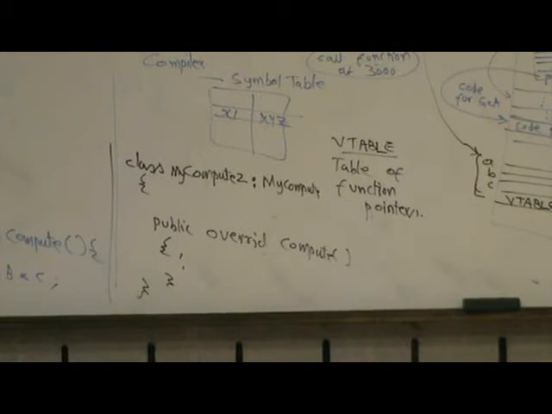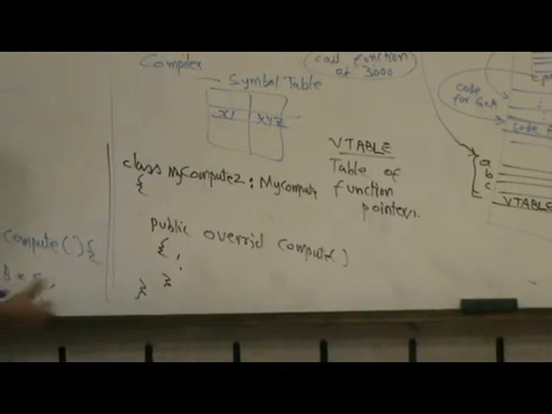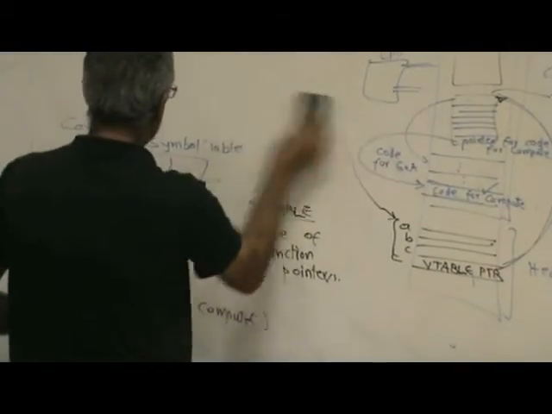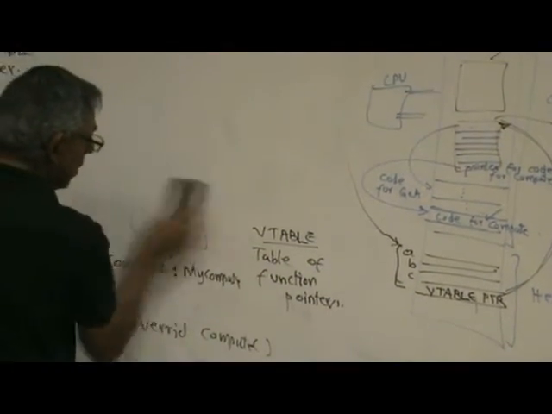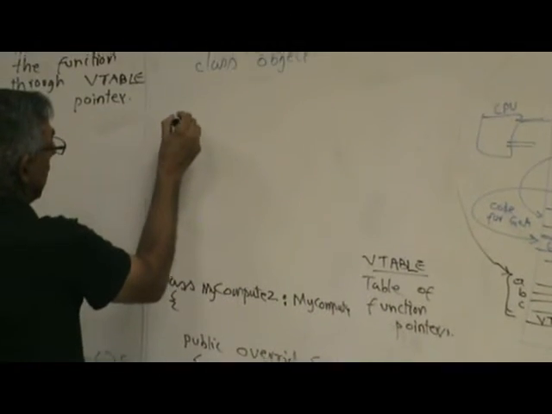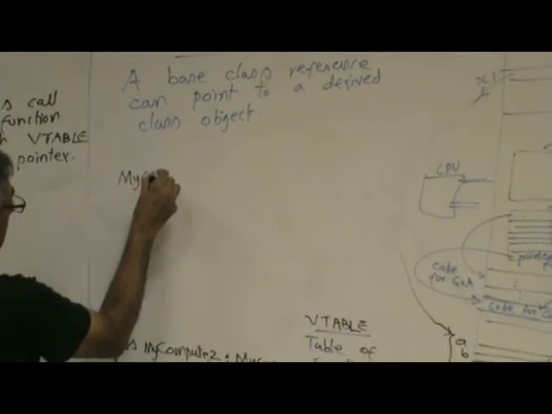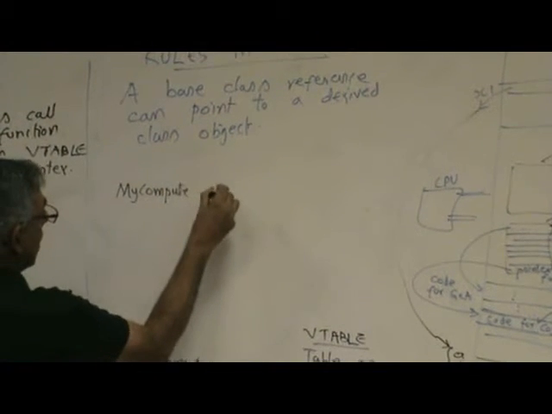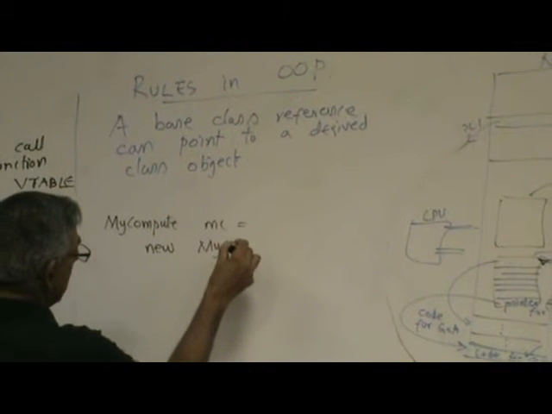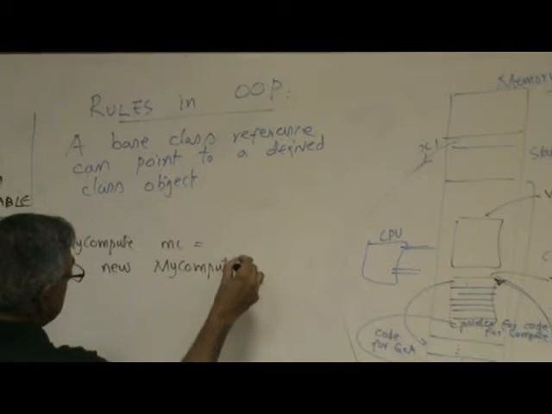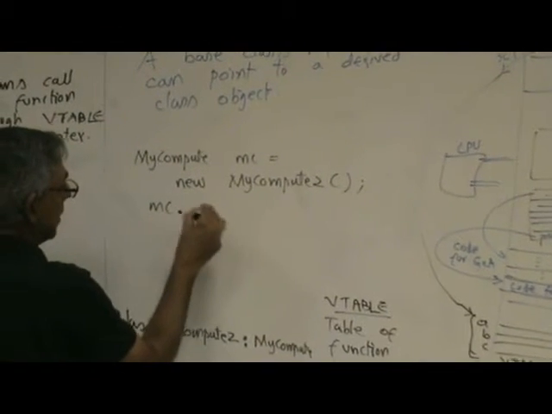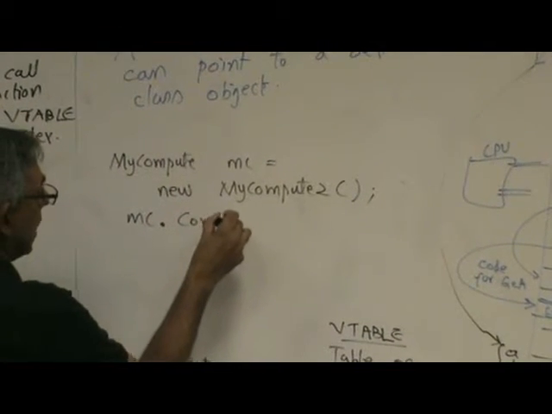Okay, and the caller did something like this. So let me change it now. The caller did something like this: MyCompute MC equal to new MyCompute2, and MC dot compute.